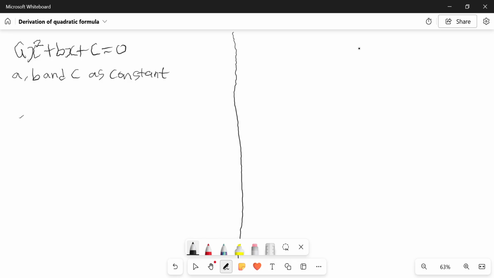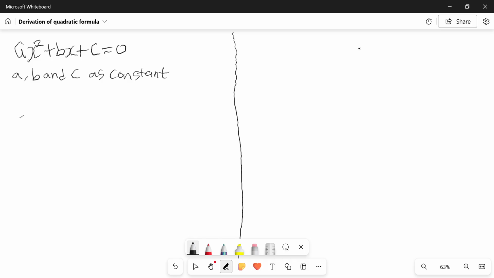Now, for us to start deriving, we must make sure our x squared is standing alone. As you know, a quadratic equation is a polynomial whose highest power is 2. So we have to make x squared stand alone, and for that we divide by the coefficient of x squared.